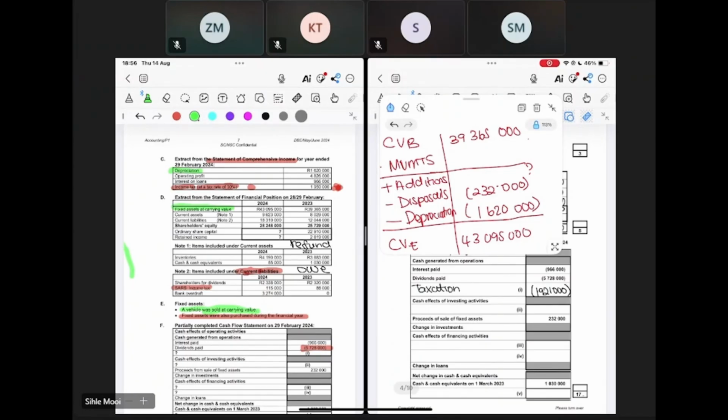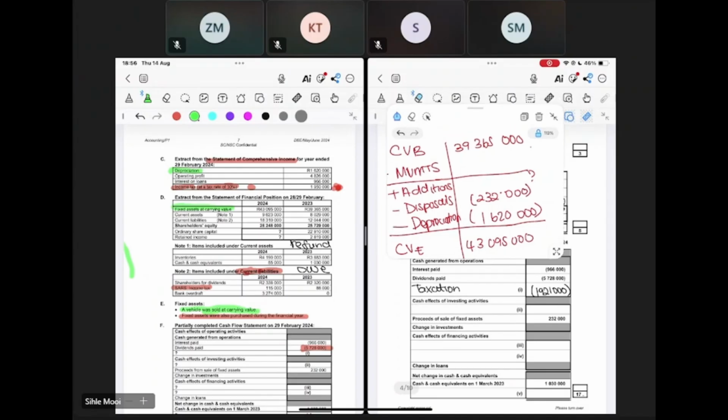Then we add back the disposal as well of 232,000. Then we minus the carrying value at the beginning of the year, which is 39,365,000. And that should give you 5,582,000. Okay, any questions there? Reach out, and that will be your additions.